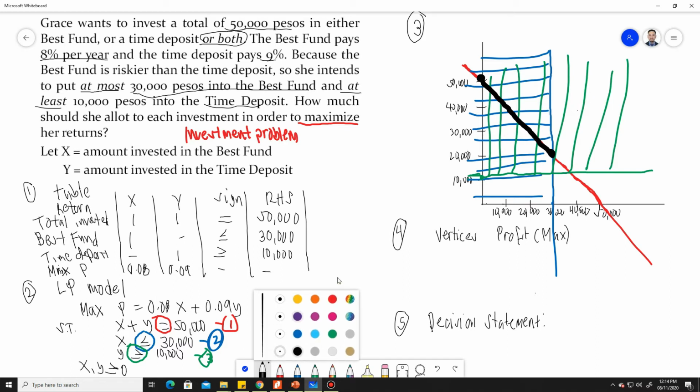So ito, this vertex is 0 and 50,000, and then this vertex is 30,000 and 20,000.